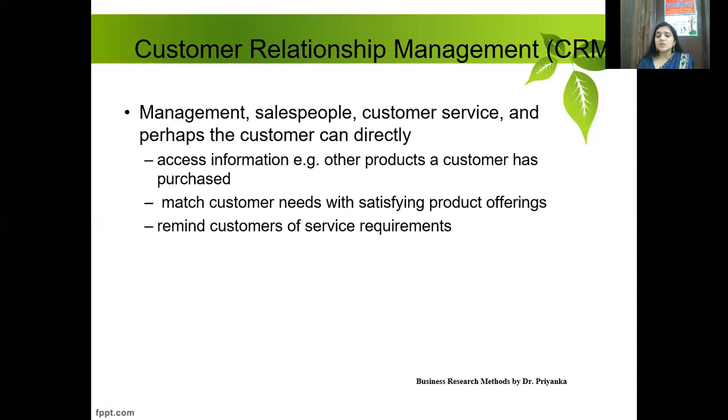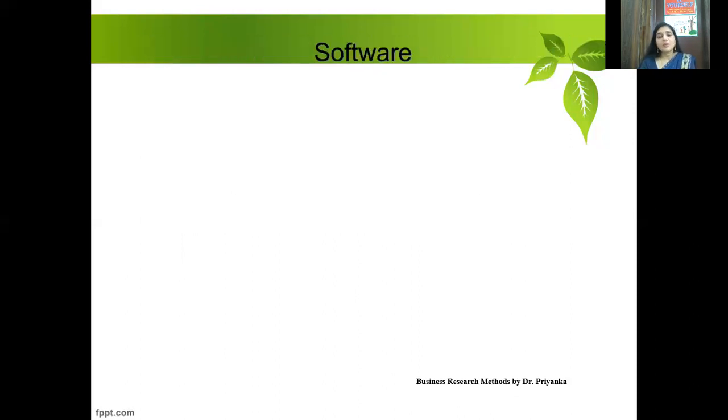And then remind customers of service requirements. With online things available these days, these are all possible, and this is possible because of the help of CRM, or say because of the help of databases and software available.